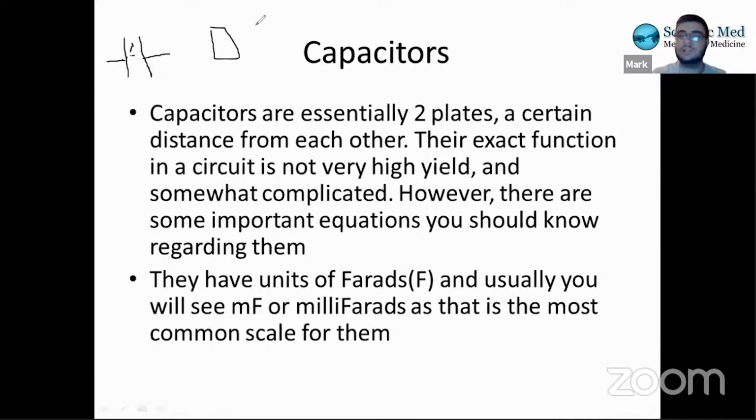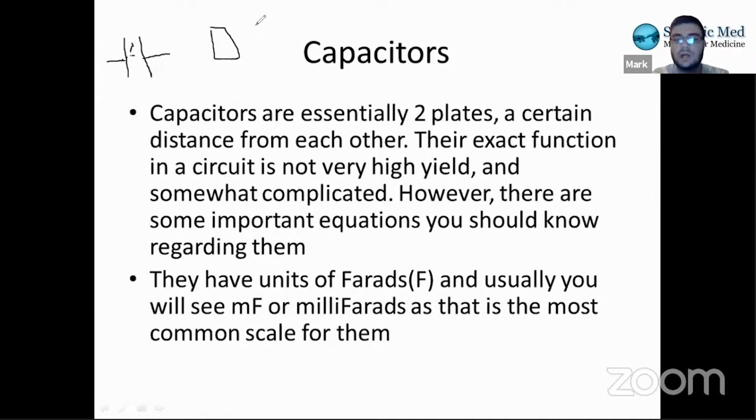Their exact function in a circuit is not very high yield, and it's a little bit complicated, and it would require a lot more explaining, going into electrical fields and stuff. But there are some important equations that you should know regarding them. Firstly, they have units of farads or F. And somebody asked, there was microfarads, right?